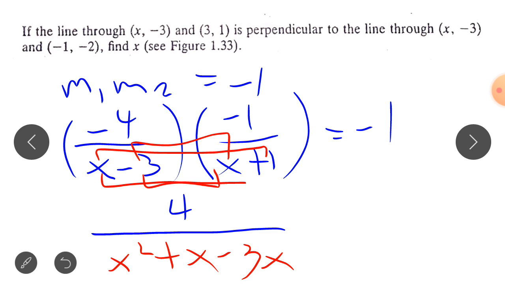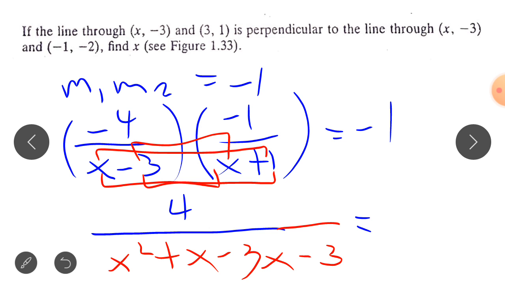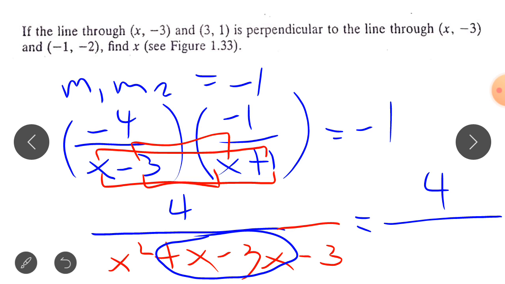And last terms, negative 3 times 1, that is negative 3. So this is also equal to 4 over, let's combine similar terms, x minus 3x, so it will become x squared minus 2x minus 3.